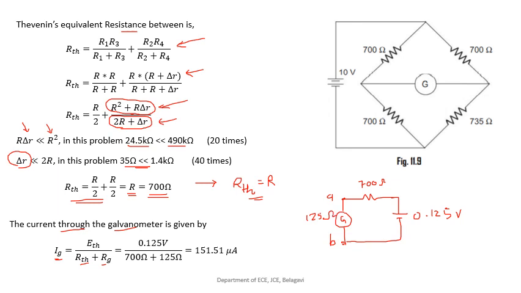You have to calculate the current that flows through the galvanometer. If you solve this equation, you will get around 151.51 microamperes.